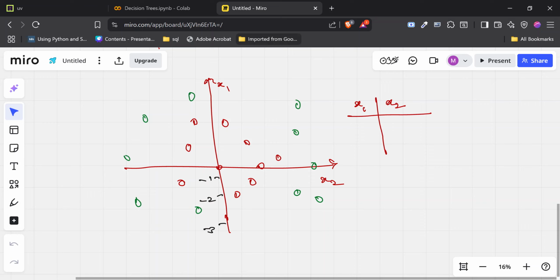Then we can go here also, we can go -1, -2 here, and we can go 1, 2, 3, then 1, 2, and 3. Yeah, that is perfect.